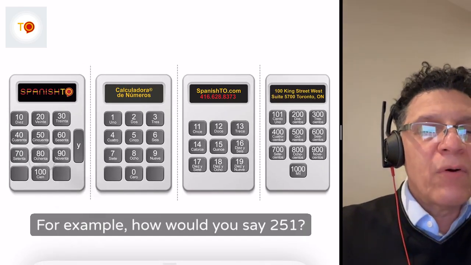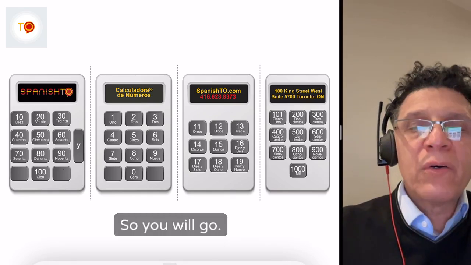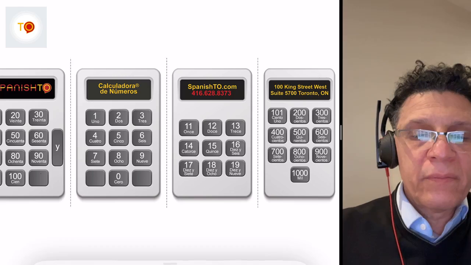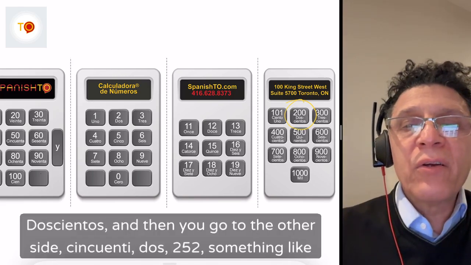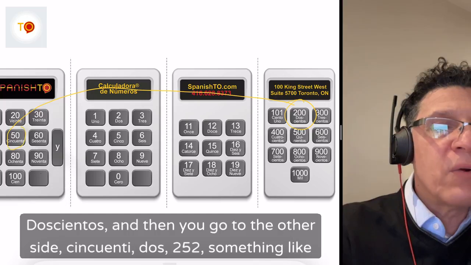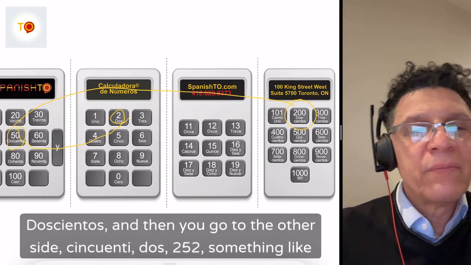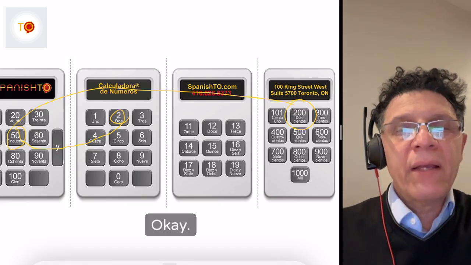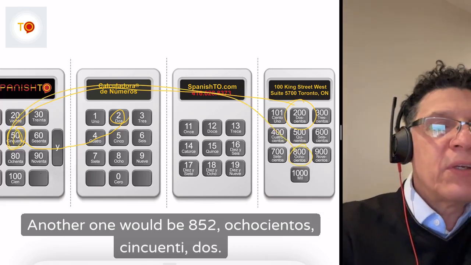For example, how would you say 251? So you will go, here's the number 200, and then you go the other side, 52, 251, something like that. Okay?